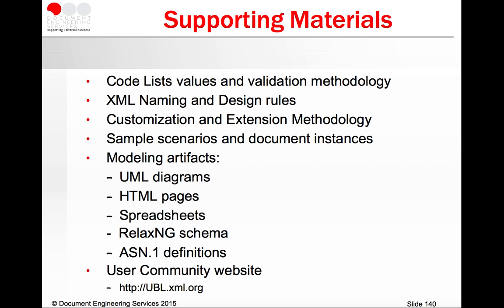So it is very difficult to enforce a standard code list at a universal business level. So UBL provides code list values, and it provides a mechanism for validating those values, but they aren't part of the UBL schema itself. So it is a requirement on people who implement UBL to elect their code list and validate that their documents meet those codes.